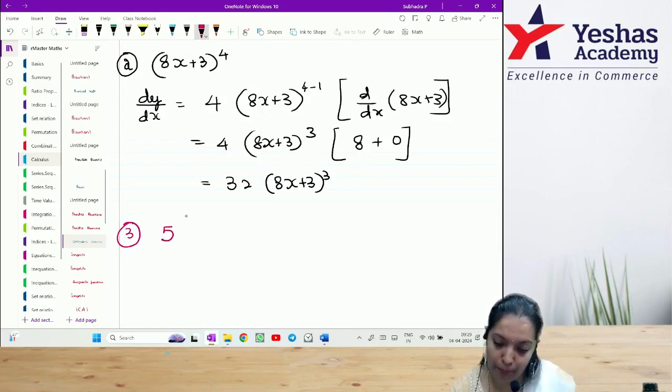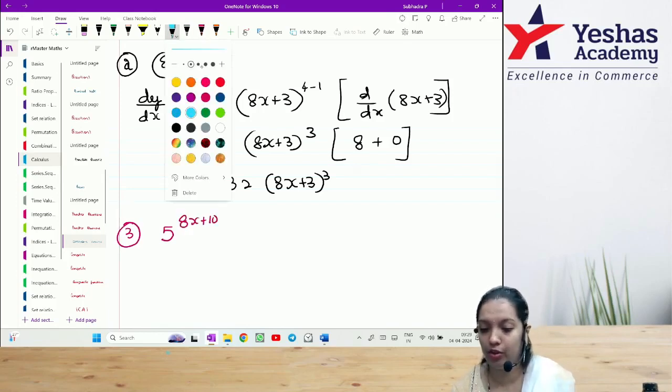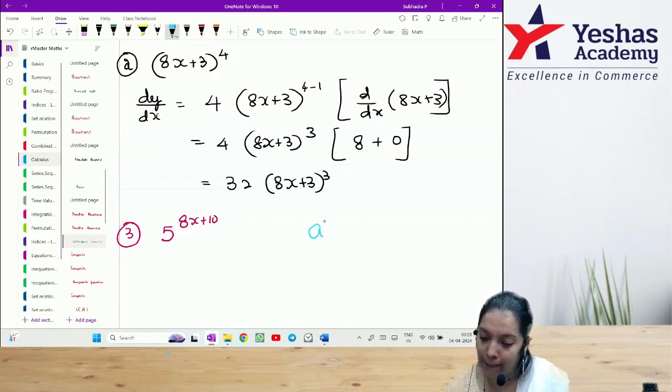5 to the power of 8x plus 10. I'll give you a clue. It looks like the derivative of a power x. Apply that: a power x into log a.